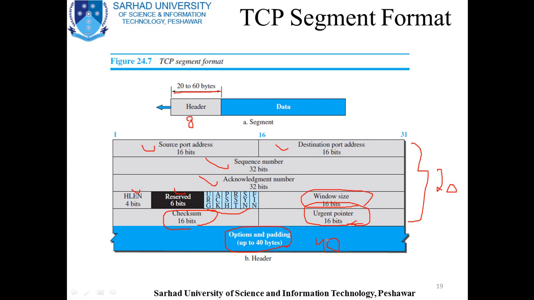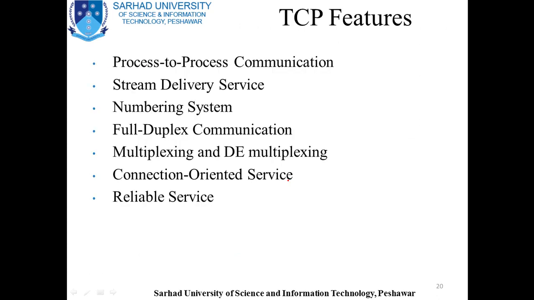UDP is very light as compared to TCP, and now you know the reason: it is because of the size of the header, which is two to three times larger. So it will also take more time as compared to UDP. We will discuss all these things one by one.